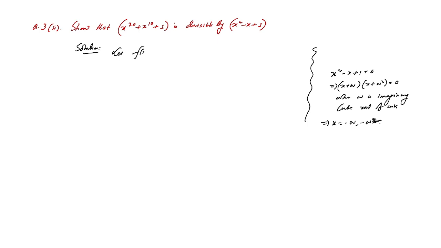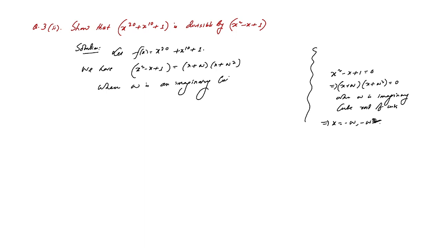Similarly, let f(x) equal x to the power 20 plus x to the power 10 plus 1, and we have x square minus x plus 1, that we can write as (x plus omega) into (x plus omega square), where omega is an imaginary cube root of unity.